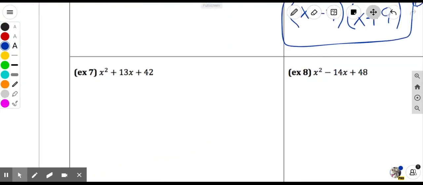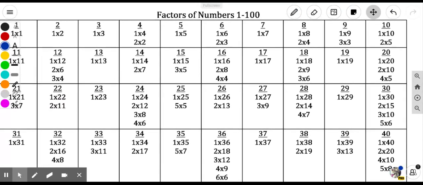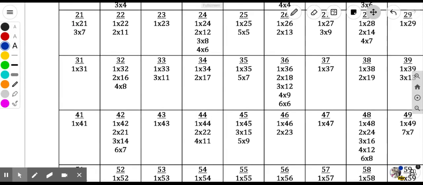Next is x squared plus 13x plus 42. So we want numbers that multiply to 42 and add to 13. So again, take a look at your factor chart if you don't know your factors of 42. The only ones that would add to 13, this is all positive, so they're just going to stay positive.